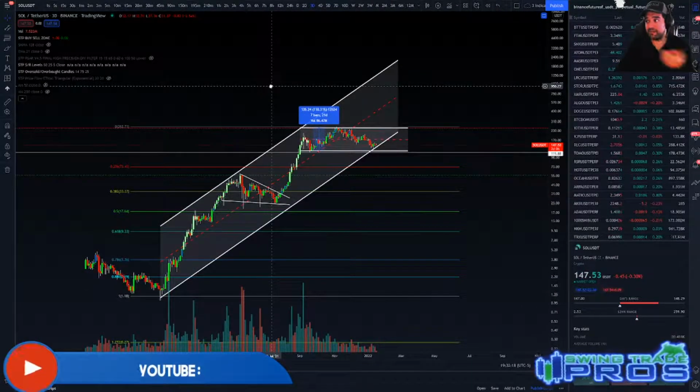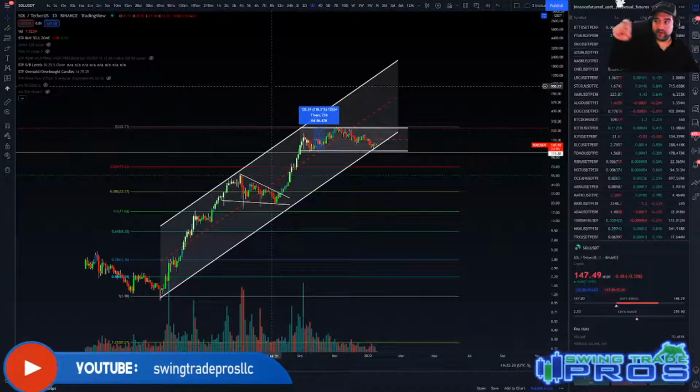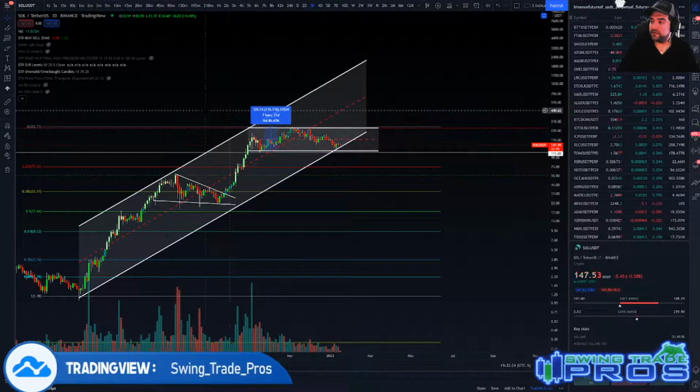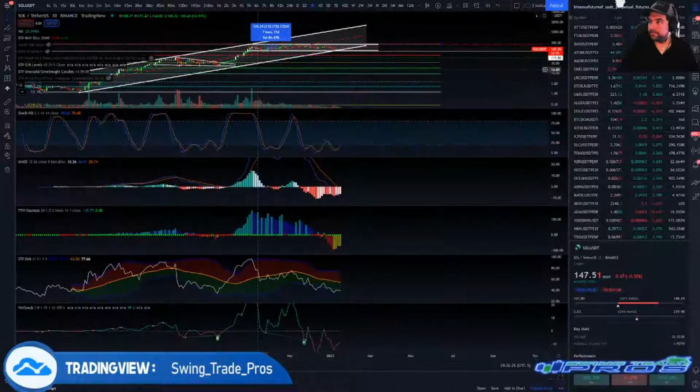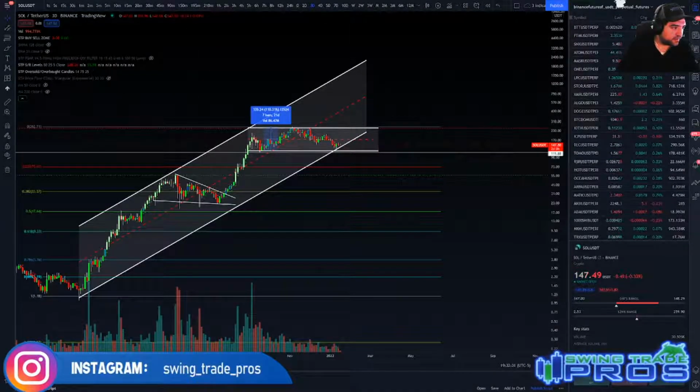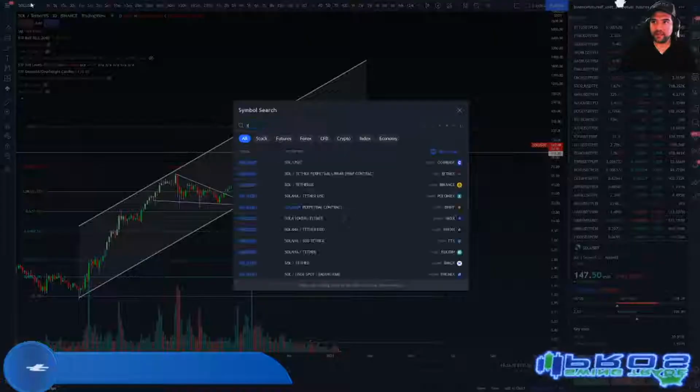So that's Solana. You guys can see the rectangle range. We're just stuck in a range. All right, that's Solana. XRP is up next.